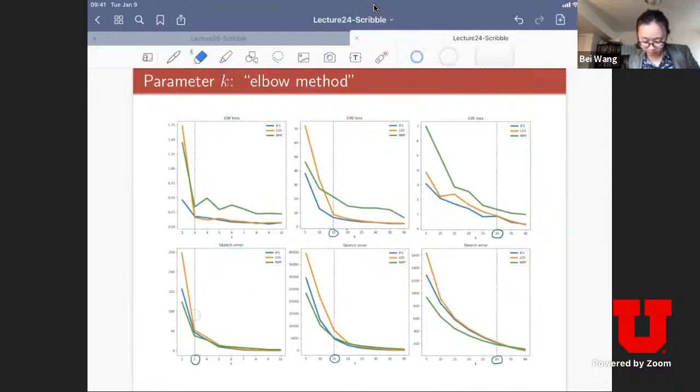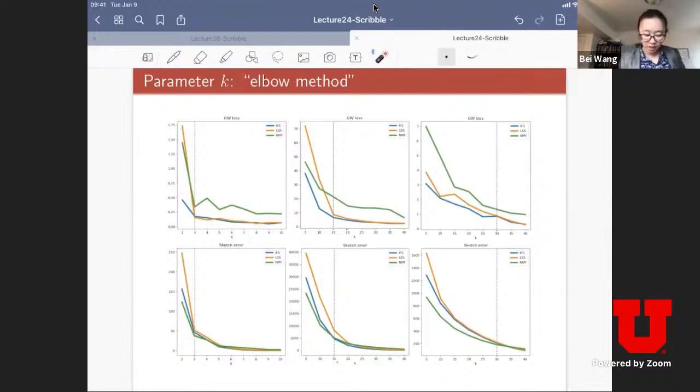If you look at the first picture, if I'm using NMF for this data, the overall GW loss isn't very good, but the sketch error is actually quite good compared to the other methods.